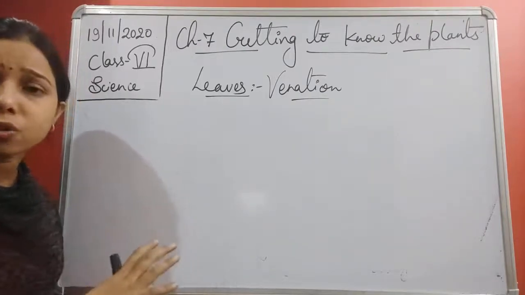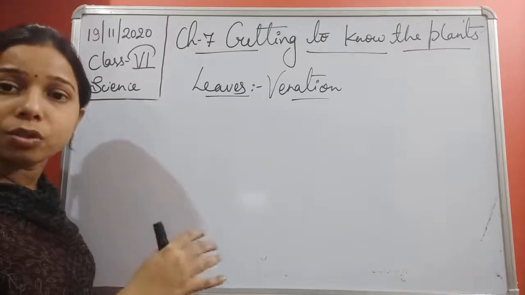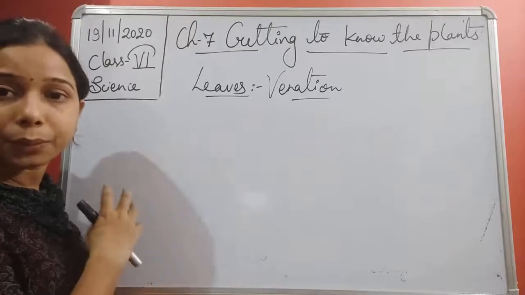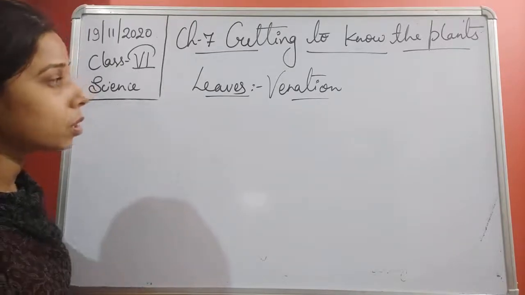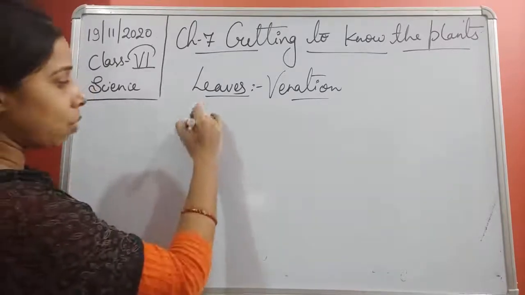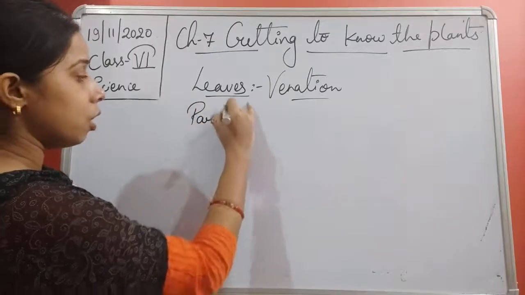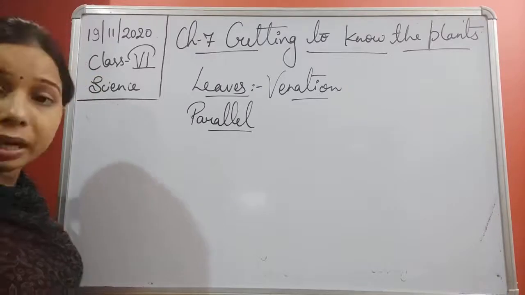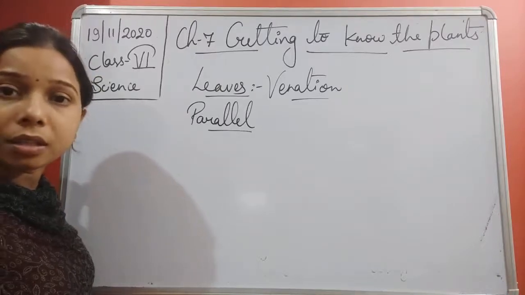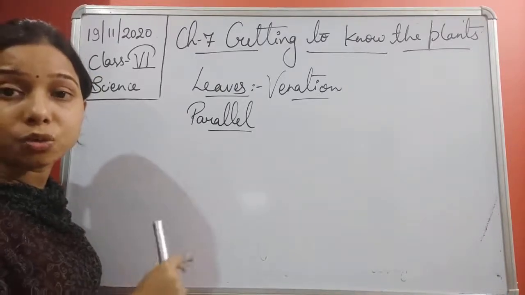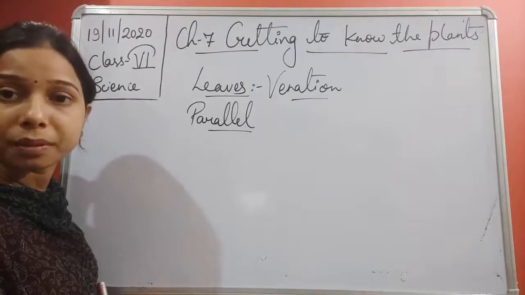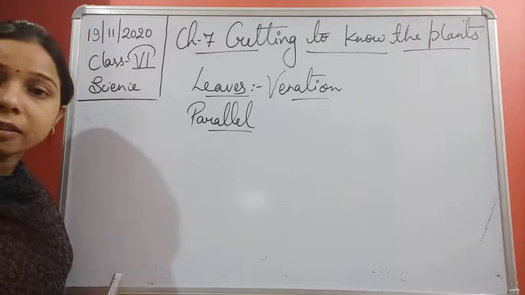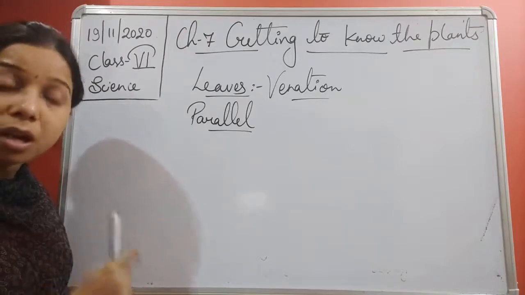The veins are arranged randomly, which gives a net-like pattern. In parallel venation, the veins are parallel to each other and to the midrib. So one is reticulate venation, another is parallel venation.